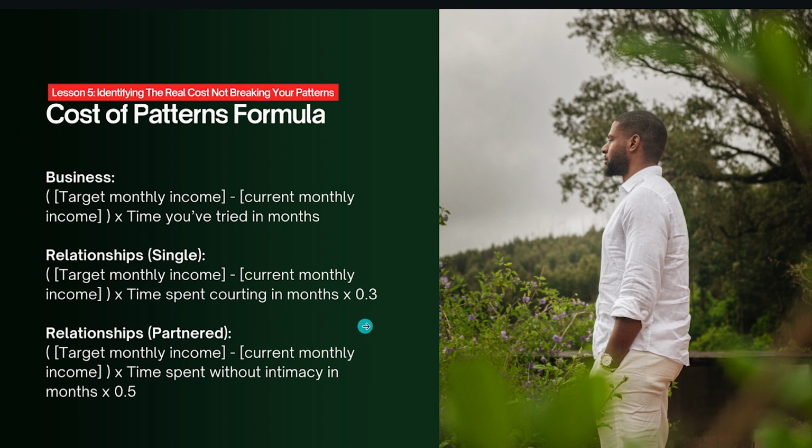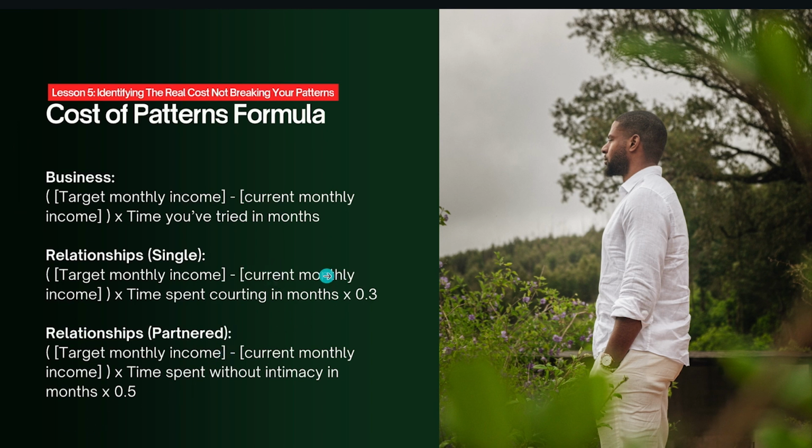And so for relationships, when you have a partner, what you want to do is take your target monthly income minus your current monthly income times the time spent without intimacy in months times 0.5. The reason we have 0.5 here is when you're in disconnection with your partner, that actually reduces your focus and your energy by about 50%, and it creates a lot of energetic discord in your life.